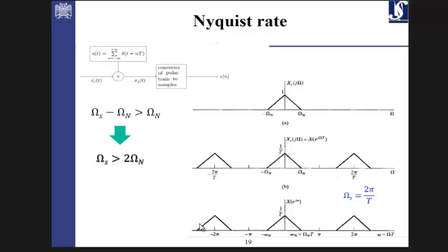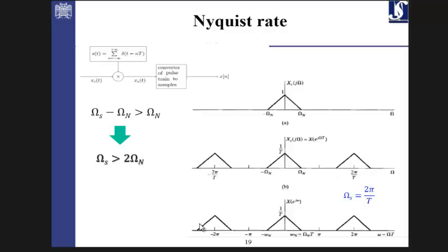What it means is that you have this Xc, the frequency response, repeated. When it's repeated, the amplitude is 1 over T, so the fraction of amplitude is taken, and you need to change the frequency scaling accordingly. The point is that these frequency patterns will overlap if this condition is not fulfilled.